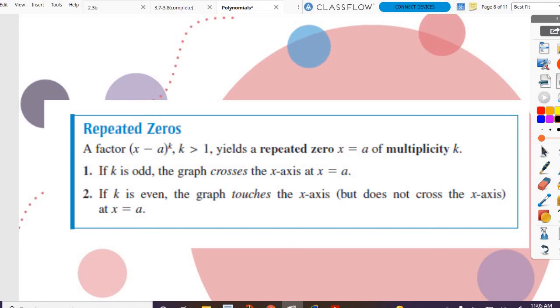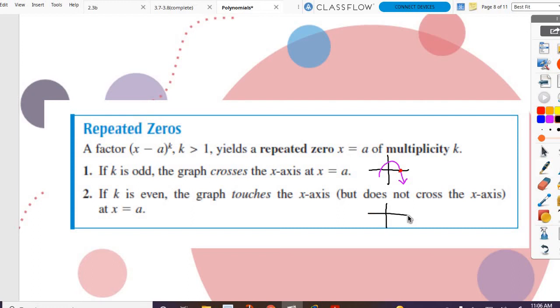And if something is repeated, we actually have a rule about what our graph is going to do. If it's repeated an odd number of times, so like I said, if I had a 3, my graph is going to go through the x-axis. So there. Goes all the way through it. However, the opposite is true.